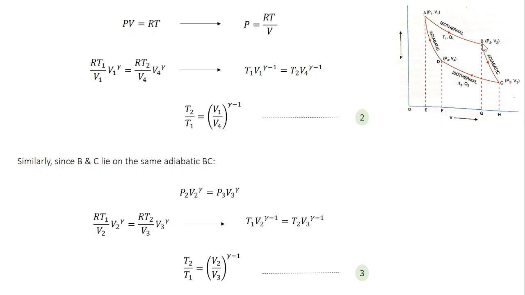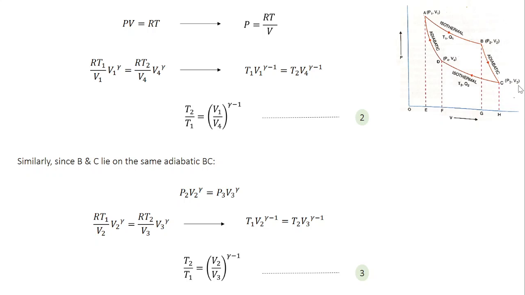In the same way, we have another adiabatic, BC. So we can write P2 V2 to the power gamma equal to P3 V3 to the power gamma. Follow the same procedure as before. P2 V2 is associated with temperature T1, which means I can rewrite P2 as RT1 divided by V2.